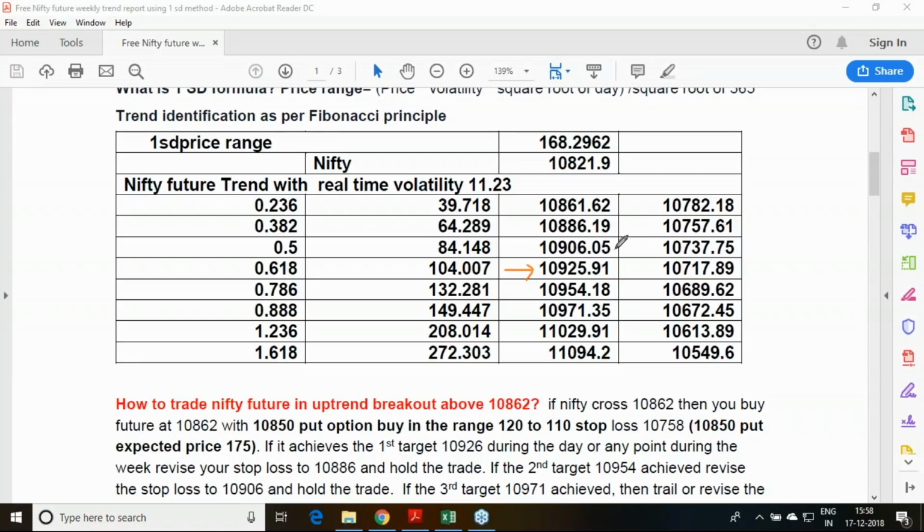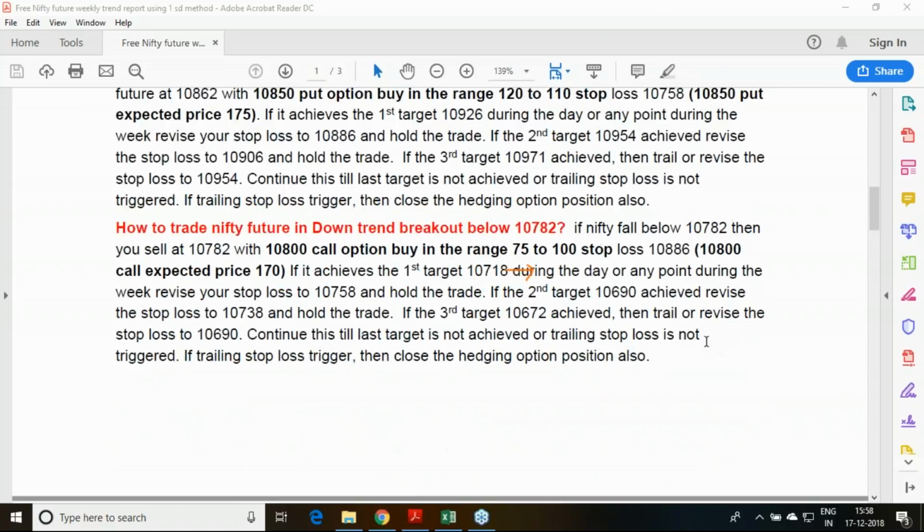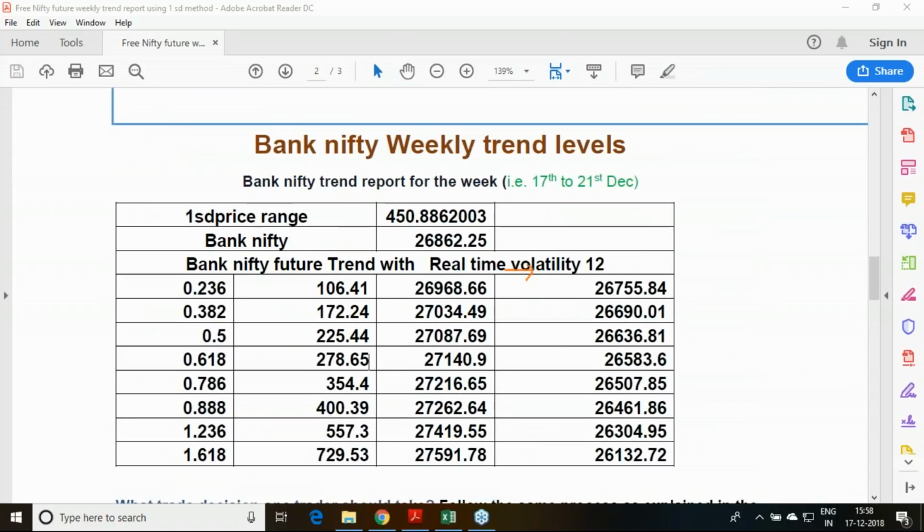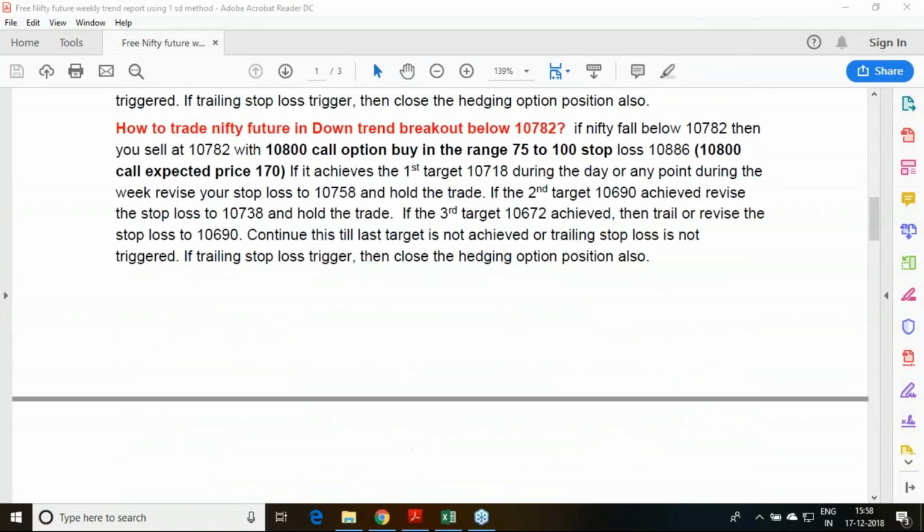Why is the closing happening at 10,912? In the same way here too the closing is happening at 27,085. These are mathematical calculations done 2 to 3 days before, and the market is accepting these calculations. So this itself is a great proof that this method works in the real market.